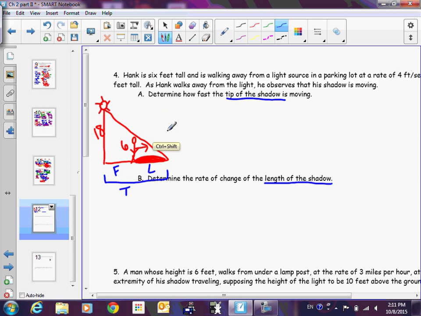Okay. So let's continue our Fuigi. What are we trying to find in part A? Determine how fast the tip of the shadow is moving. Which one of these three letters?